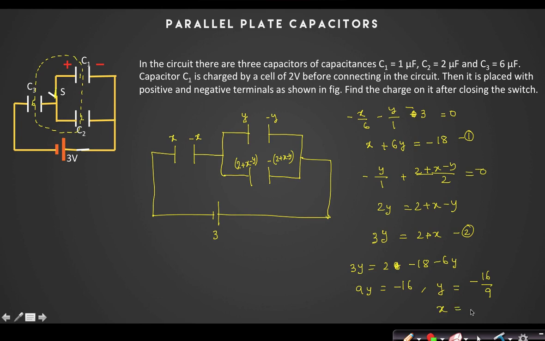X equal to 3Y minus 2, so minus 16 by 3 minus 2, minus 22 by 3, I think. Have you got these as your answers? Yes, sir. Yes, good.